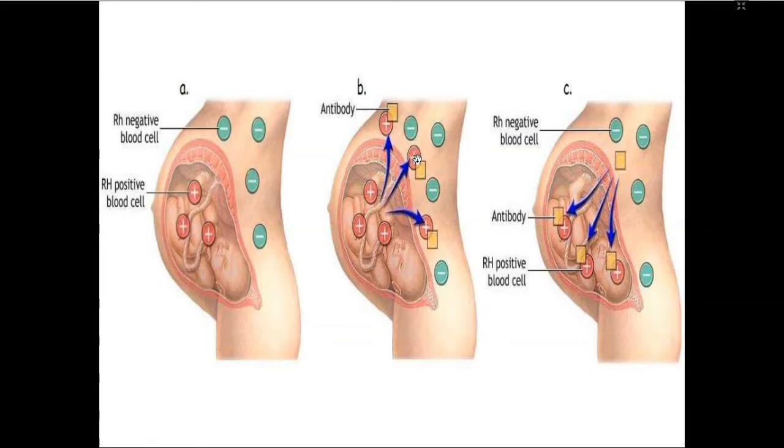When the mother's immune system is exposed to these foreign substances, that is Rh positive cells, it forms antibodies, that is anti-D antibodies. When antibodies are formed, they can cross the placenta and reach the fetus's blood. That may cause the destruction of the fetus's red blood cells.